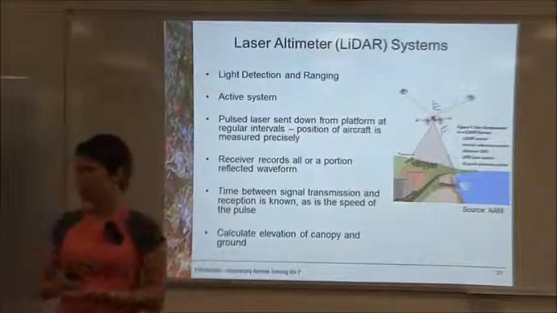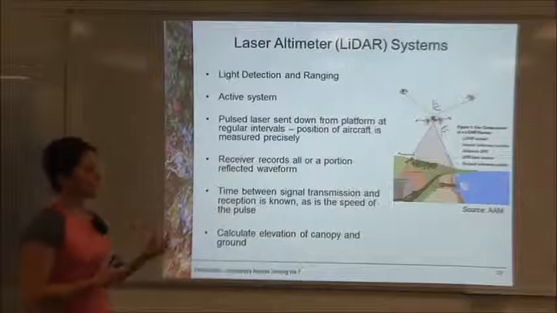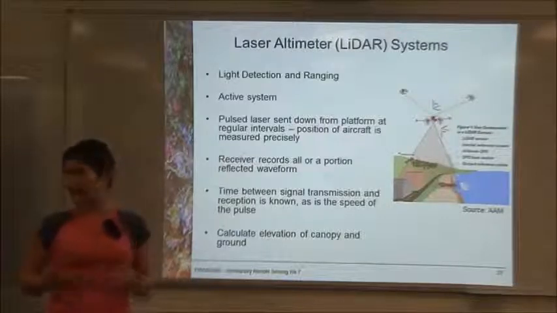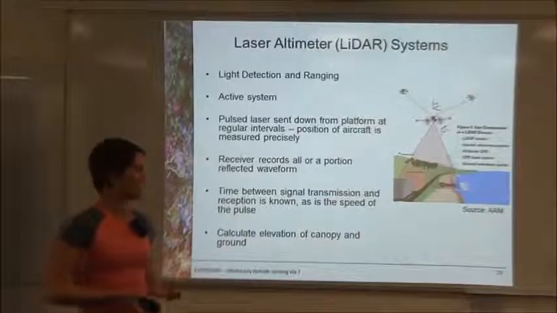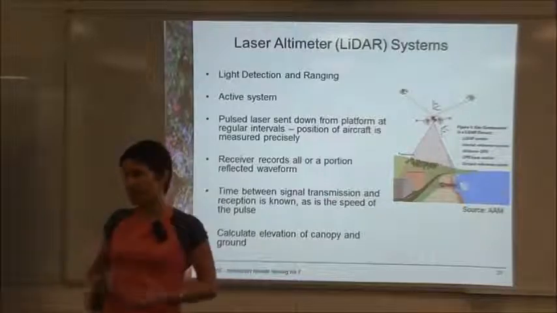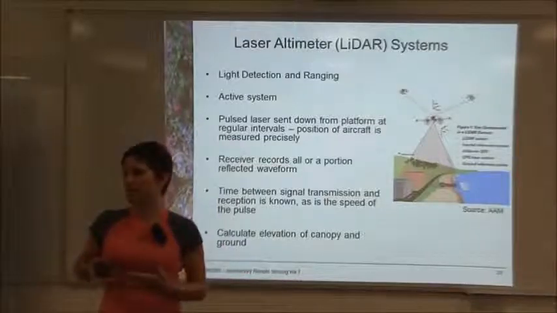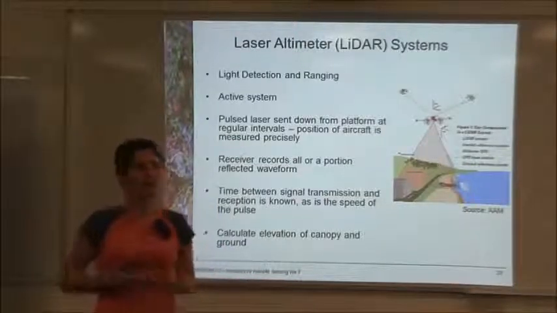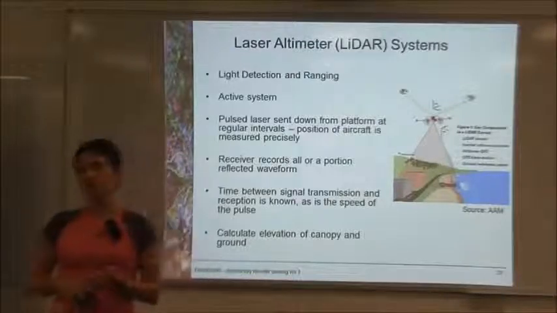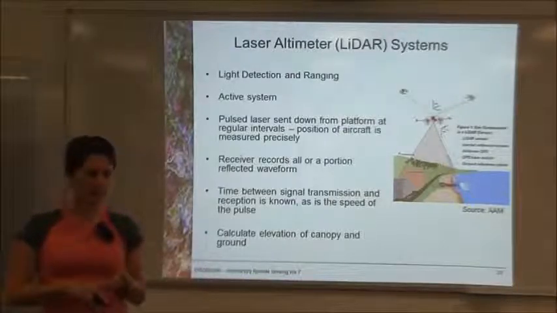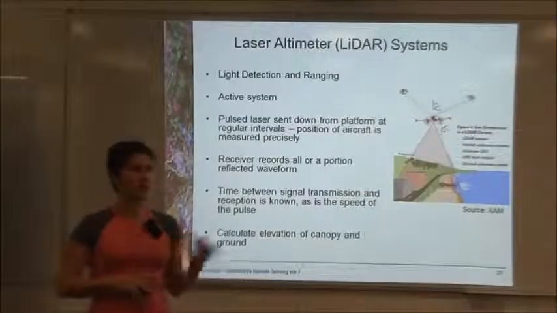So an alternative to radar, and this is usually based on airborne platforms, are LiDAR systems. Radar being radio detection and ranging, LiDAR is light detection and ranging. Same sort of thing, being an active sensor, it sends out a pulse of energy and it records the amount of time taken for that pulse to come back. A LiDAR system is usually either green or near infrared. The near infrared systems are usually used over land, and green LiDARs are often used for bathymetric mapping.